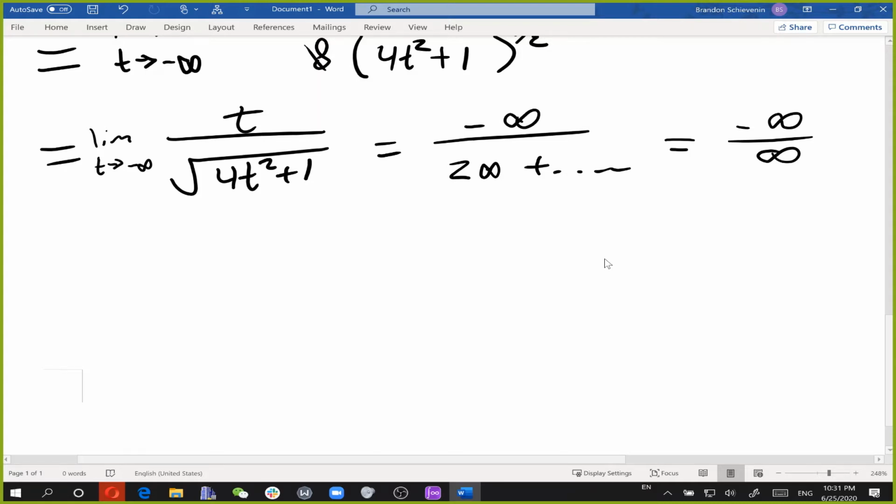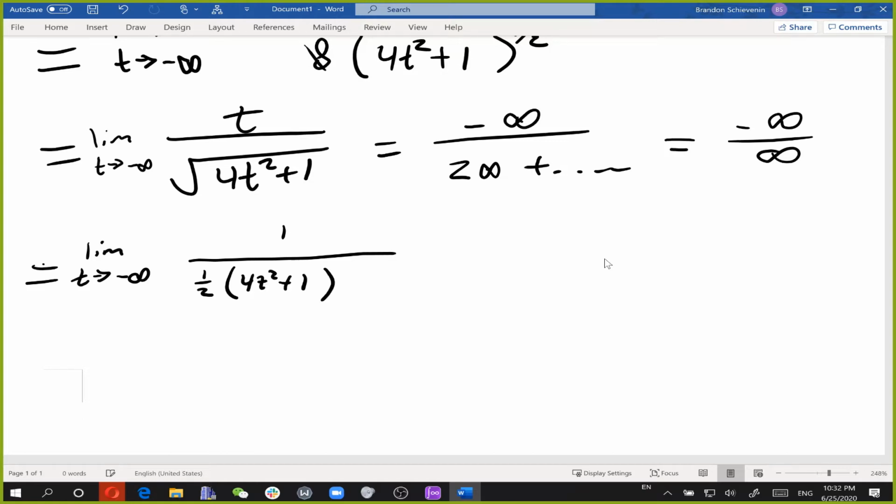But if it is one more time, I've got the derivative of the top is 1. The derivative of the bottom is 1/2 times 4t squared plus 1 to the negative 1/2 times 8t, which we can simplify.